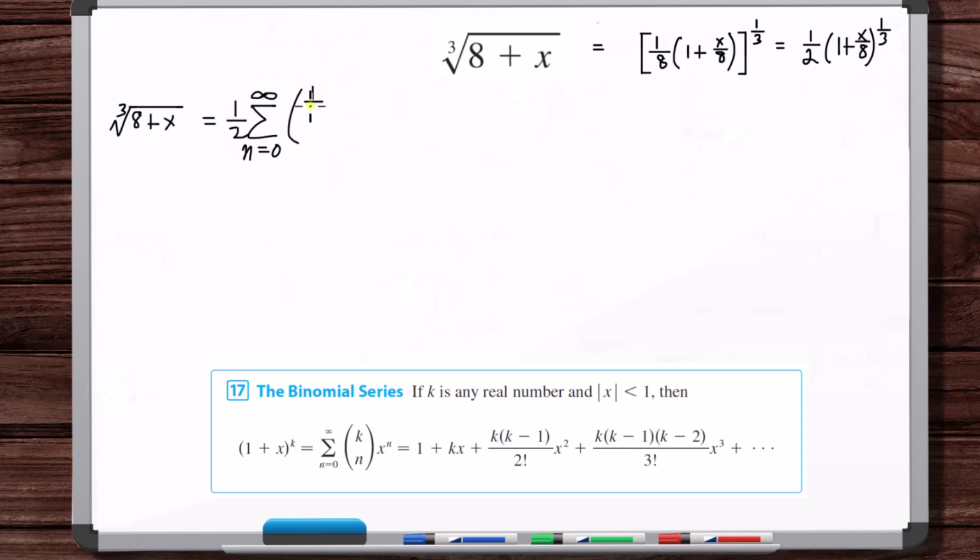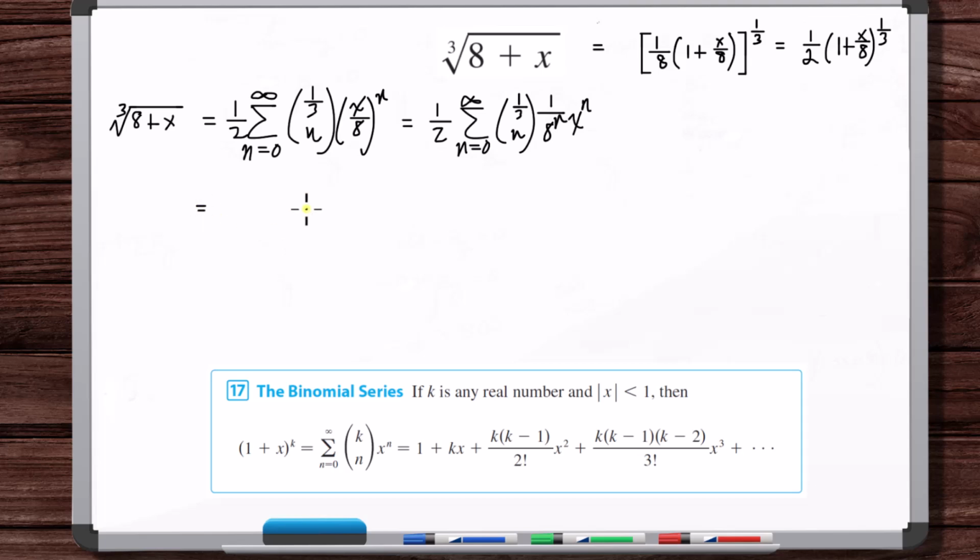So then k is 1/3. Okay, so if we write out the first few terms, when n is equal to 0, you've got 1.